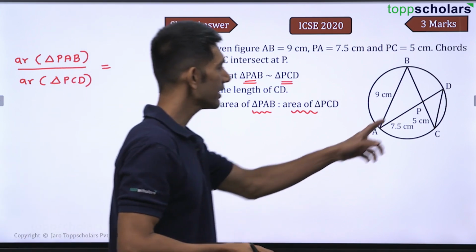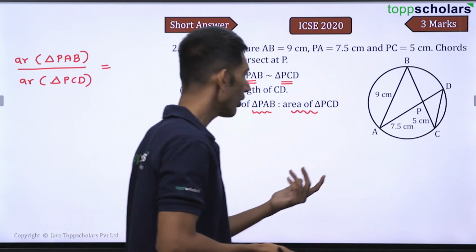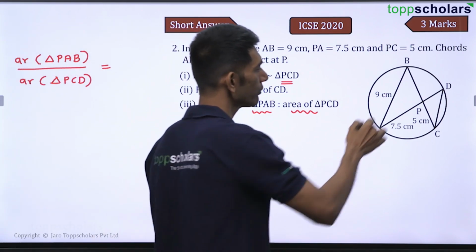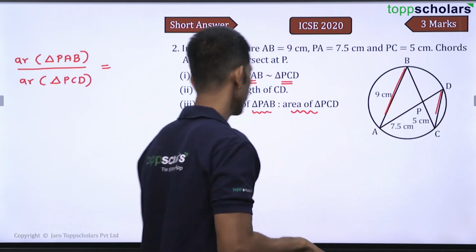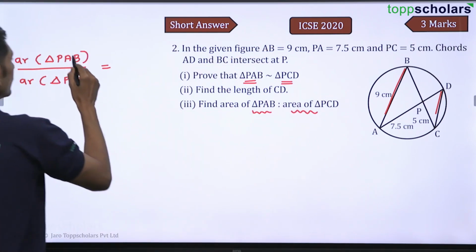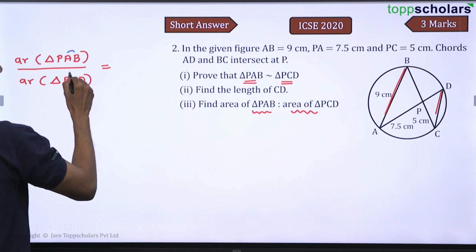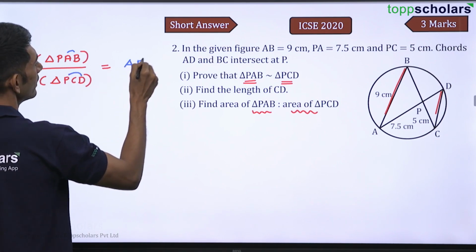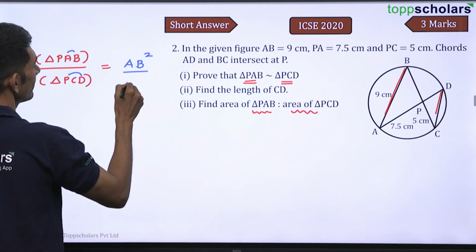I can take PA square by PC square, or if you don't want to take PA square by PC square, you can also take AB square by CD square. See, AB and CD. You can see the last two letters are AB and CD, right? So I can take AB square by CD square.